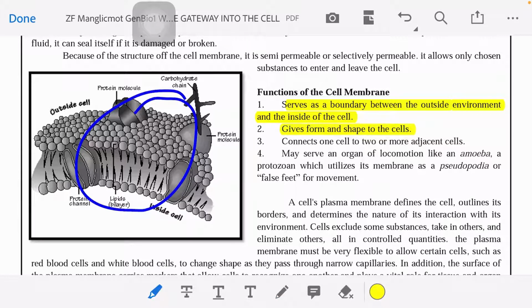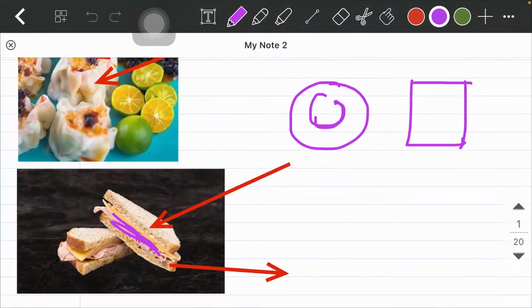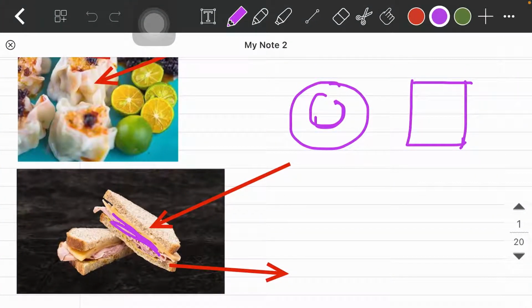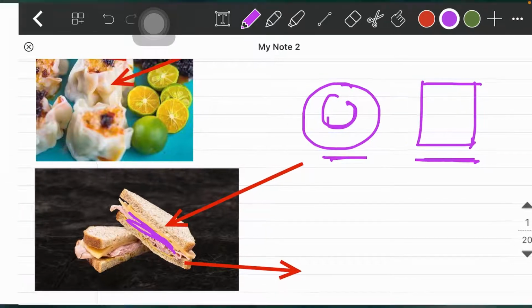So, kung babalikan natin yung kanina, if it is round, usually animal cell yun. If it is boxy or rectangular in shape, baka plant cell yun. So, it gives shape: circular for animal cells and rectangular or square sometimes in plant cells.